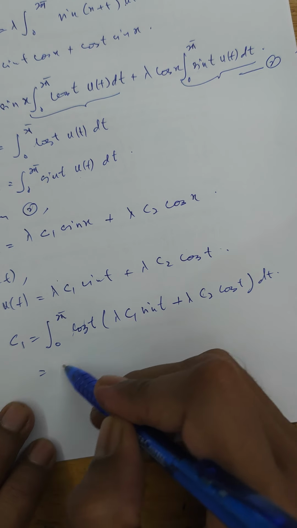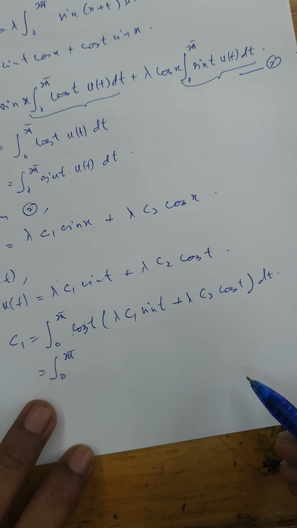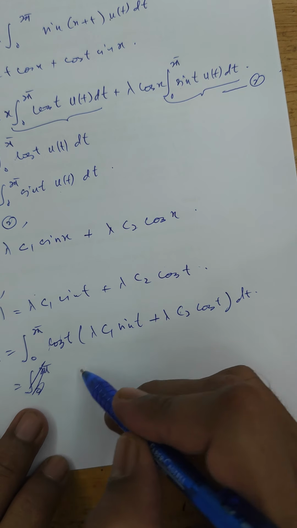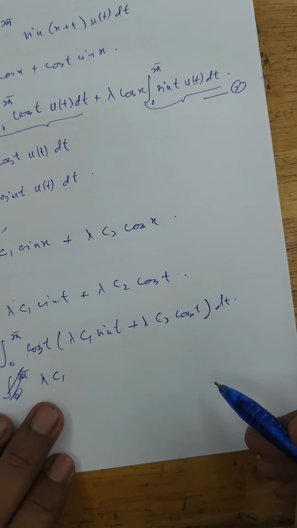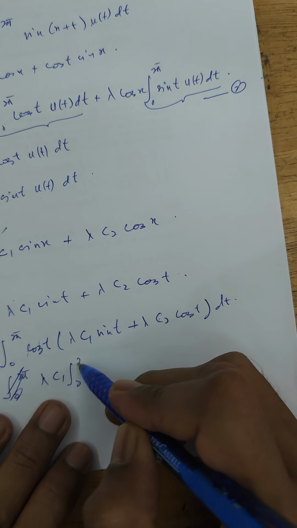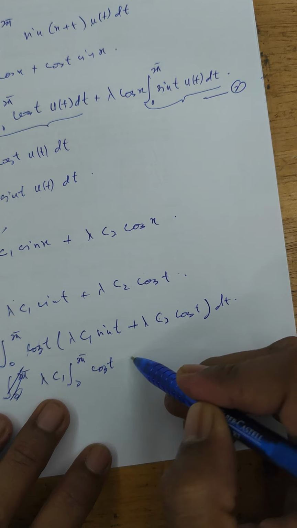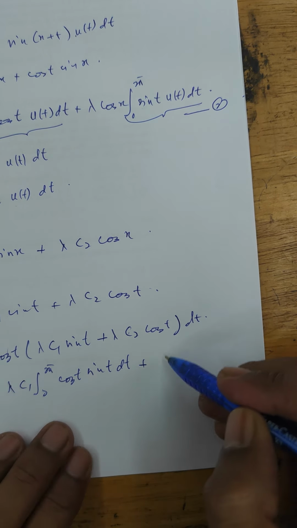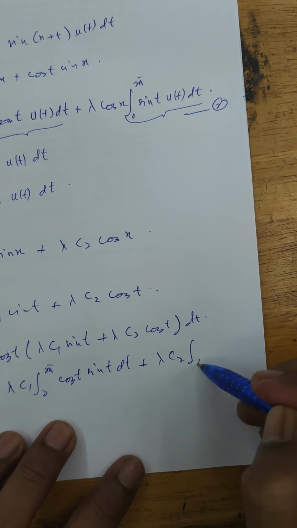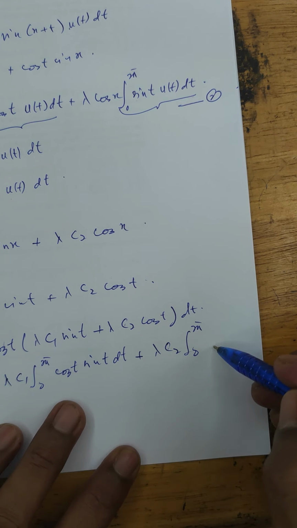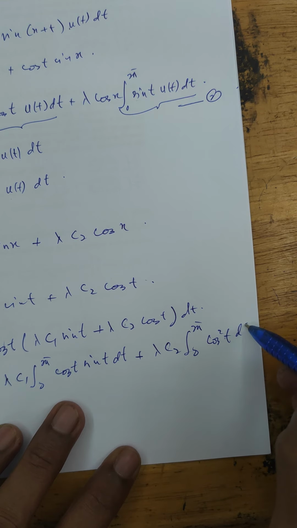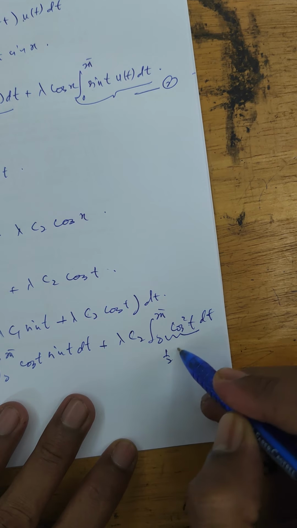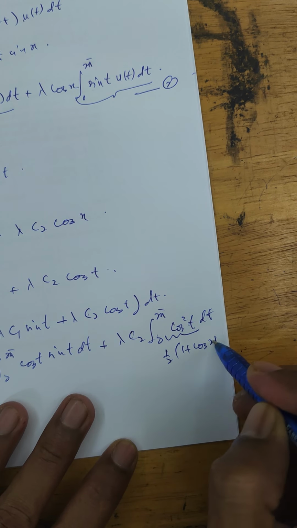Okay, so what we have now, this is 0 to 2 pi, I think you can take out lambda c1, so lambda c1 integral 0 to 2 pi cos t sin t dt plus lambda c2 integral 0 to 2 pi cos squared t dt. Of course the cos squared t, this is half of 1 plus cos 2t.